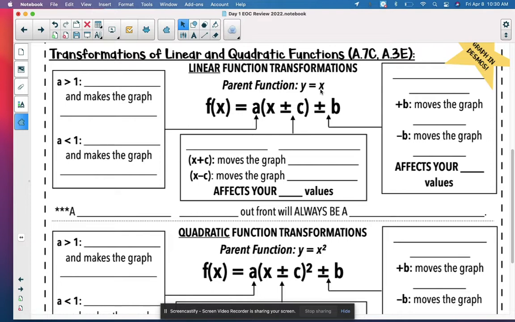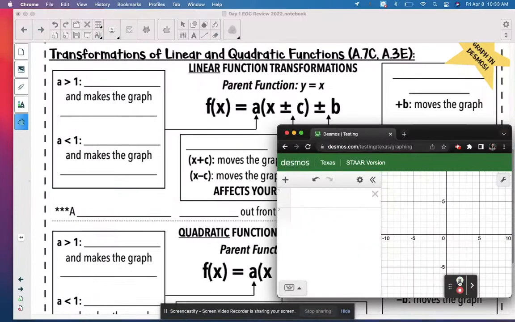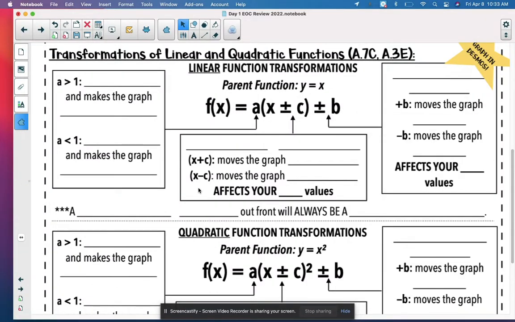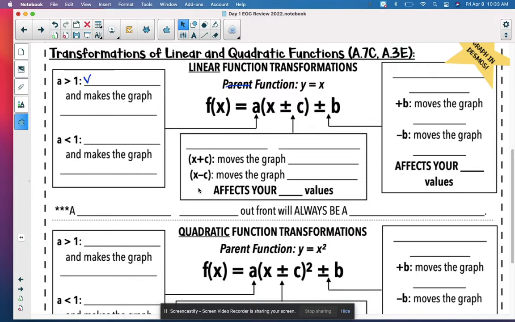So if a is greater than 1, we can consider this to be a vertical stretch, and it makes the graph steeper.